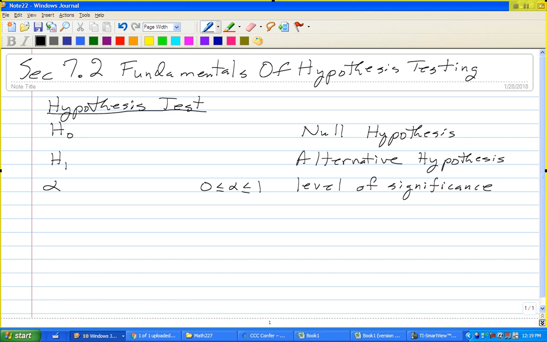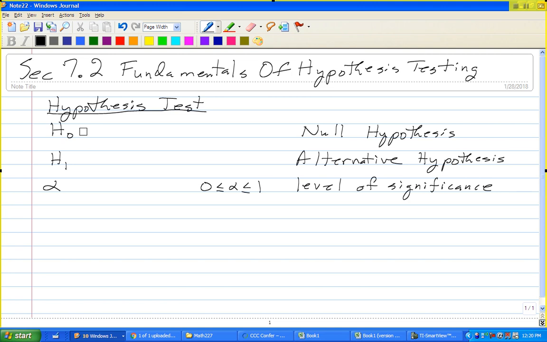The alternative hypothesis is some statement about how the population parameter differs, the opposite of the null hypothesis.